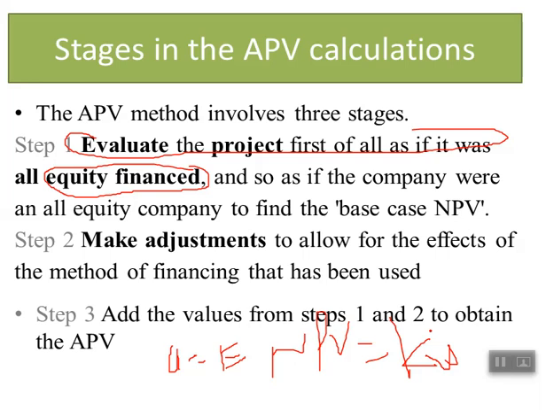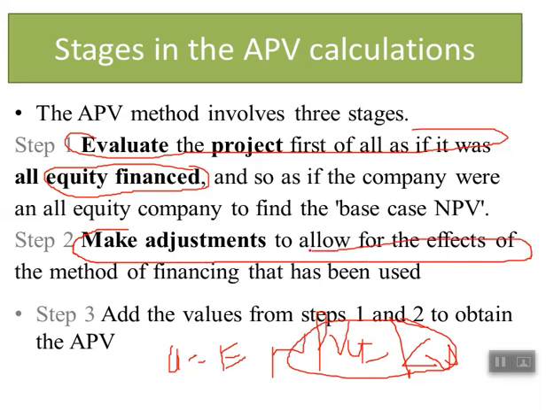You are going to discount the cash flows using a cost of an ungeared business, because we are looking at the net present value of a business that is not geared, which is financed by equity 100%.